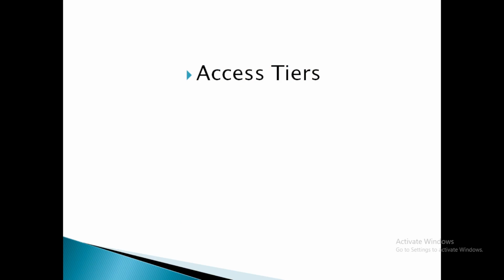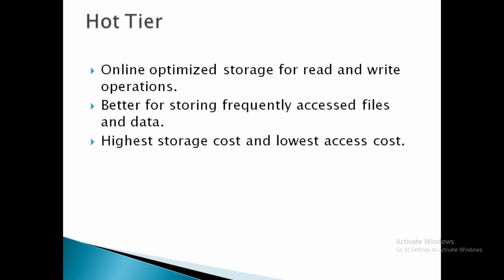Now we talk about access tiers. What are access tiers? See, in the blob storage we have three types of access tiers. The first one is hot tier, second one is cool tier, and third one is archive tier. So let's talk about them one by one. The first one is hot tier.